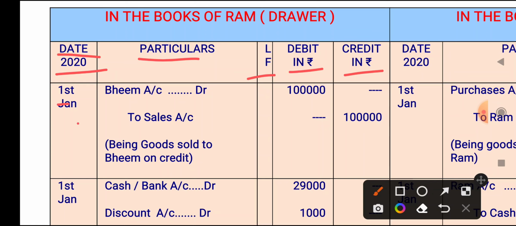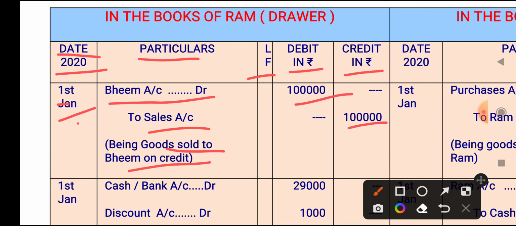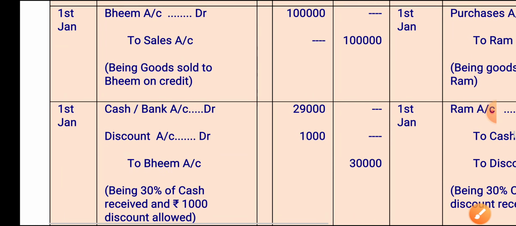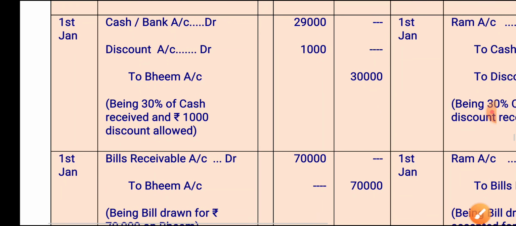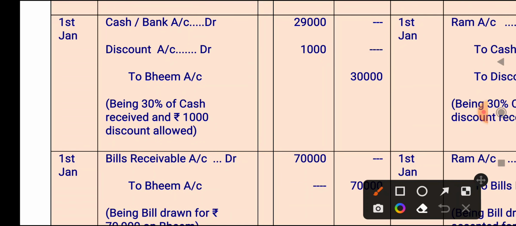So on 1st January when goods are sold, Beam account debit to sales account 1 lakh, being goods sold to Beam, right? This is the 1st January journal entry. Next, on 1st January itself, immediately Beam paid 30% in cash.